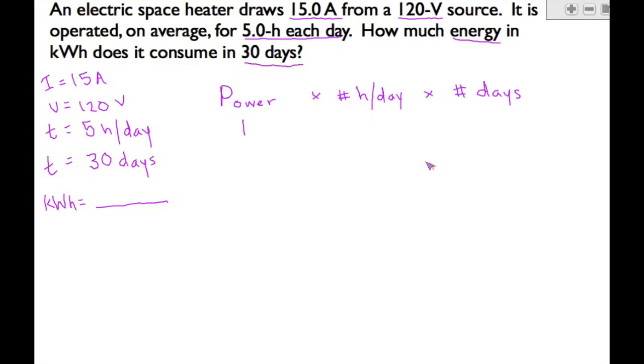So our power was 1.8 kilowatts. Okay. Now it says that we're using it 5 hours a day, for 30 days.